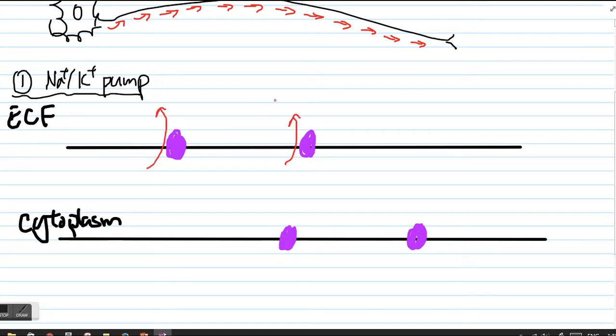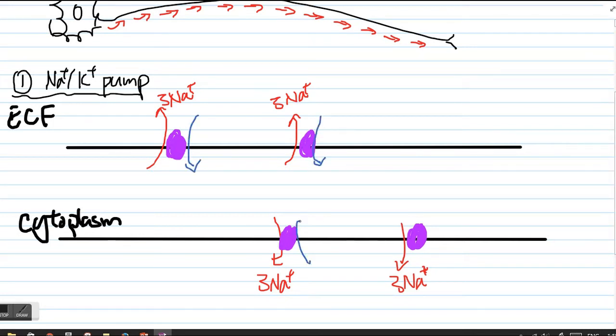So the sodium-potassium pump, its function is to transport sodium out of the cell, right? It's going to transport three sodium out of the cell using ATP, of course, and for every 3 sodium it pumps out, it's going to transport 2 potassium into the cell, right? So 2K plus.